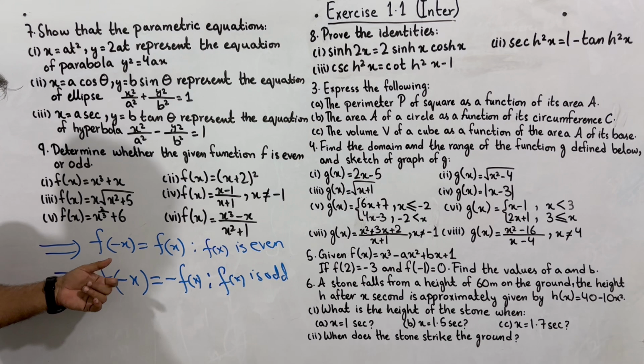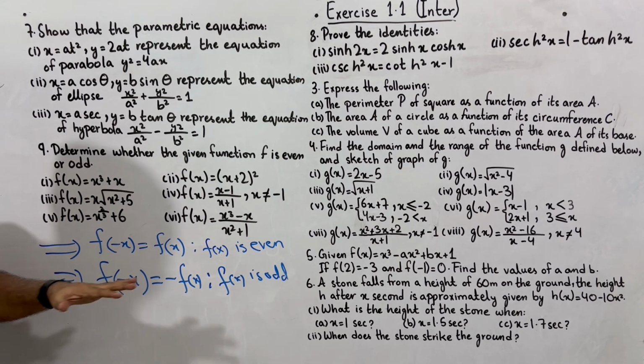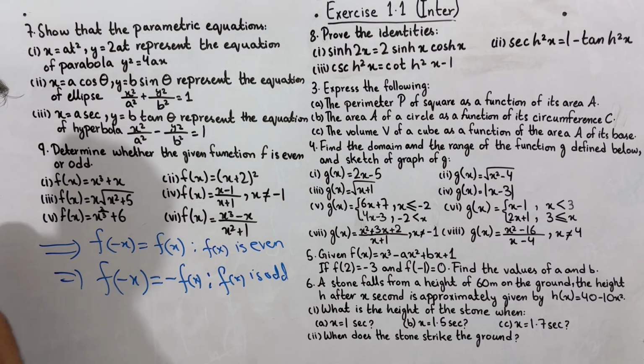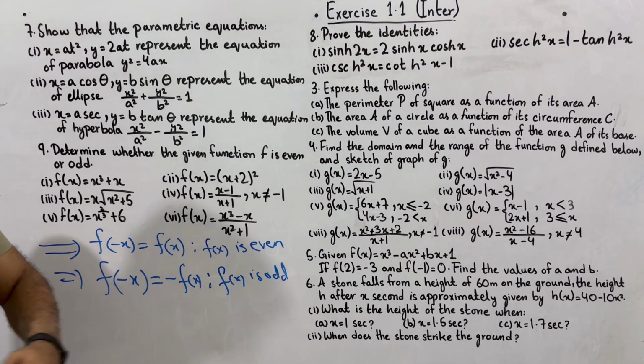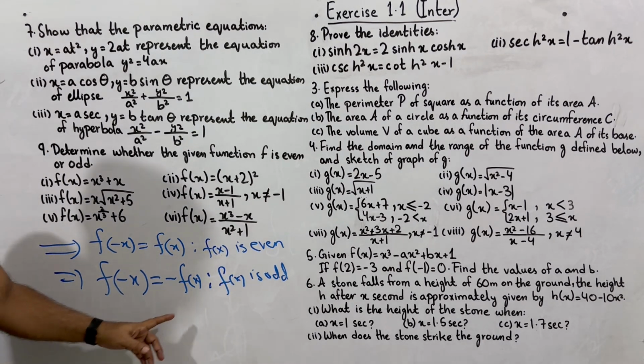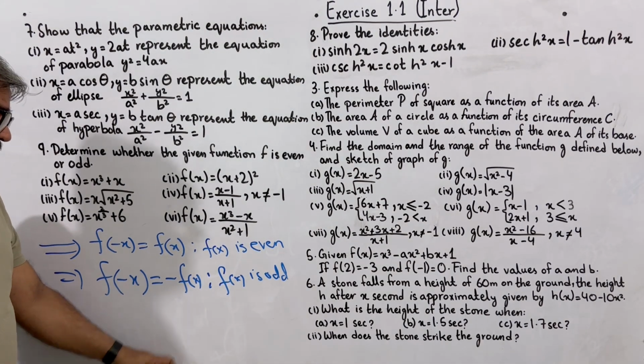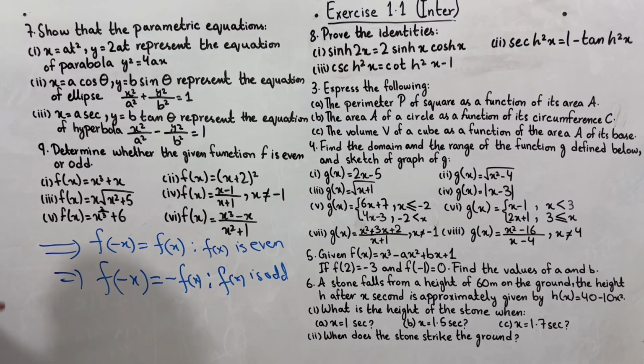If the replacement gives no change, no alteration, the function is even. If the symbol of the complete function changes, then it is our odd function. A function having some change, some no change, is neither even nor odd. How to hunt them, we are coming on that.